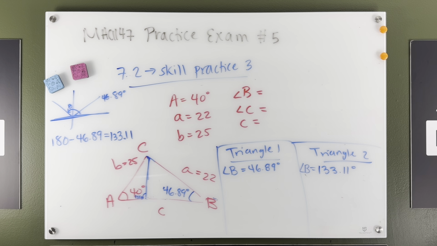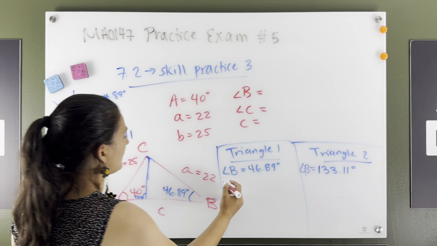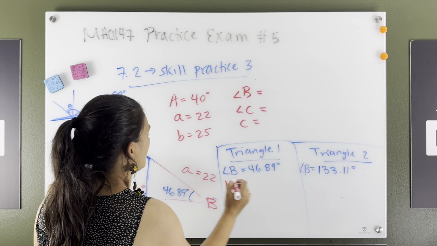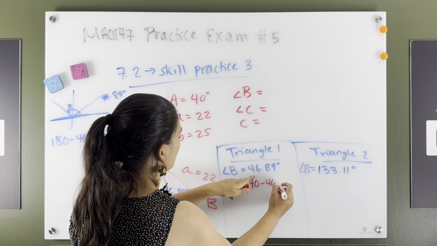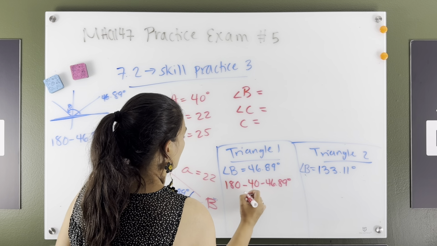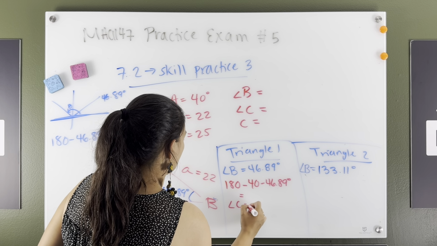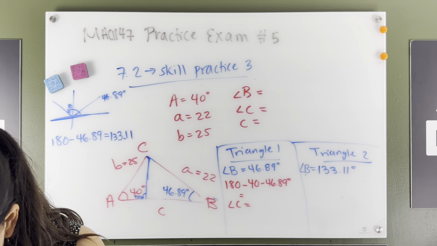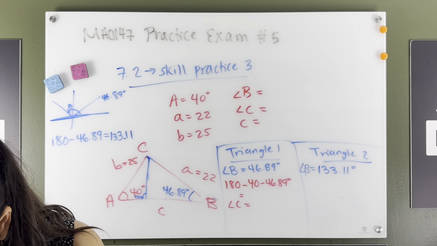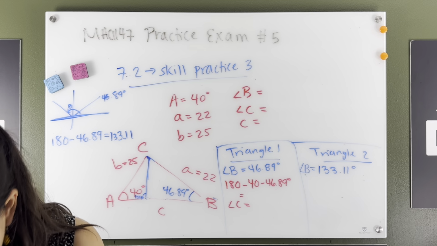Okay, so we know that all the angles in a triangle add up to 180, so we'll do 180 minus the angle they give us, minus the potential acute angle. This will give me angle C, the other angle. So that's going to be 93.11.